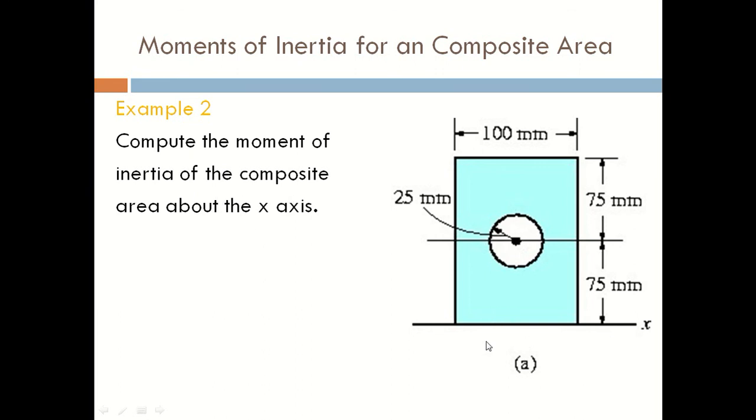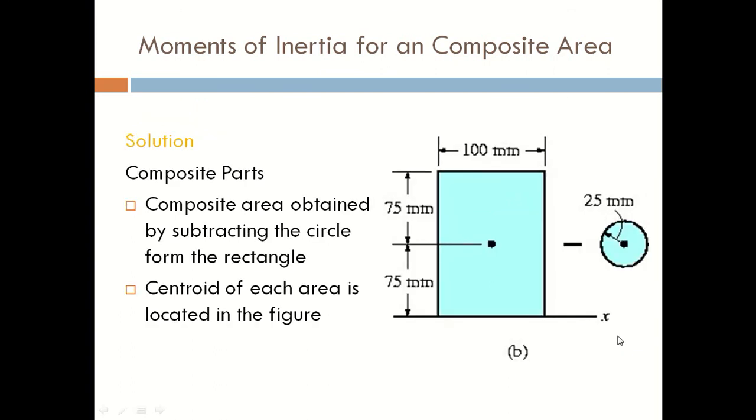The x-axis is available at the base. So first, the composite area is obtained by subtracting the circle from the rectangle, and the centroid of each area is located in the figure. Here the centroid is at the same location from the x-axis, 75 mm.